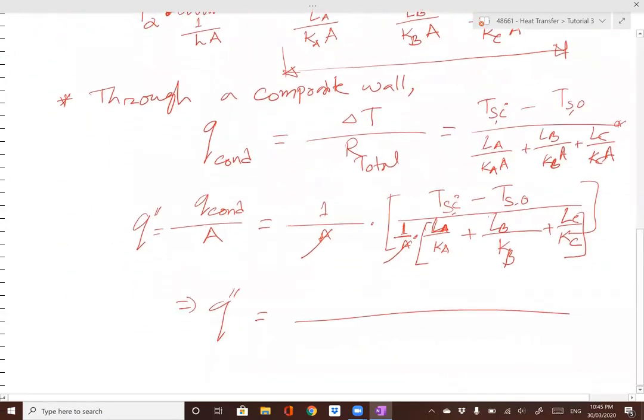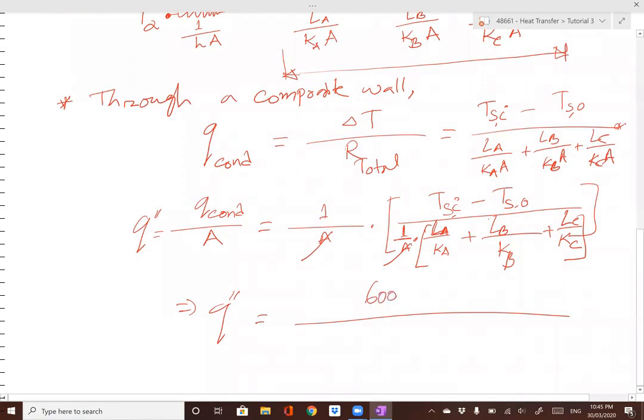So 600 minus 20, and the length for material A is 0.3 meters, divided by thermal conductivity 20, plus length for B, 0.15, with thermal conductivity for material B unknown, we will find this out.